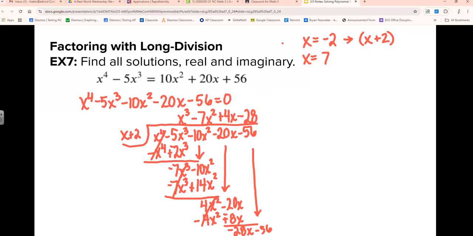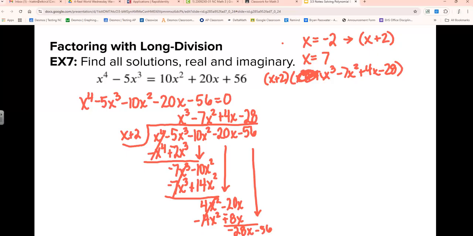So here is what you've got. What you've done is you have factored this. So now you've got x plus 2 times x to the 3rd minus 7x squared plus 4x minus 28. Like you factored that out.